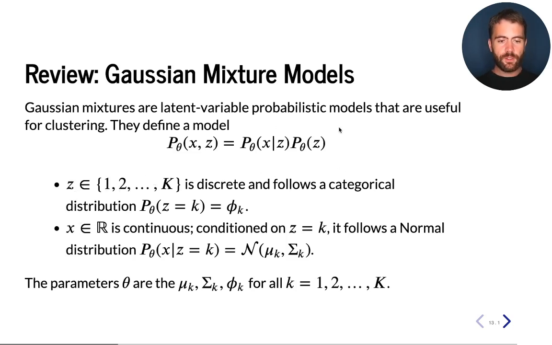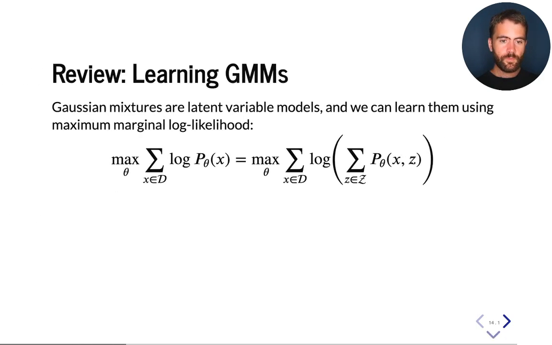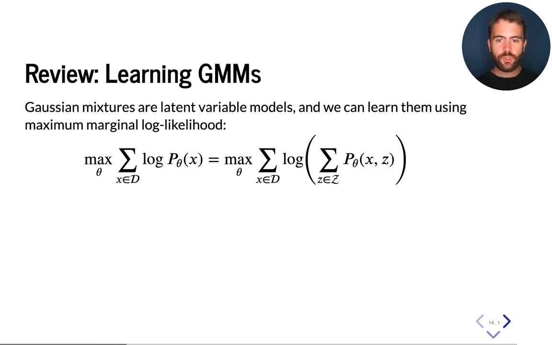This defines a joint probabilistic model, and we can fit this model to data in order to find the best configuration of clusters, the most likely configuration of clusters that has generated our data. Now, learning Gaussian mixture models is hard. If we follow the principle of maximum likelihood, we want to optimize the log probability of the data.